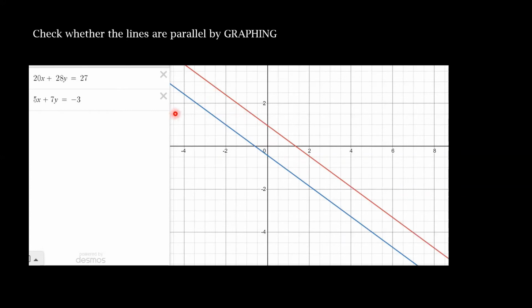And here, as we can see here, the lines are really parallel. Again, parallel lines are those lines which will not intersect. Okay, they will never meet, as shown in this graph of these two parallel lines.